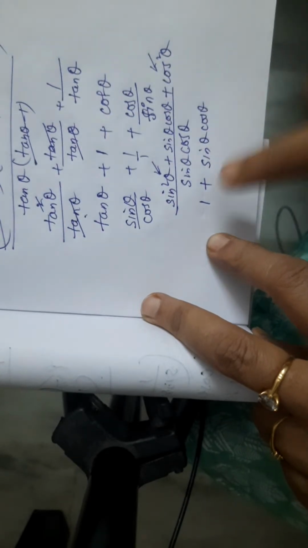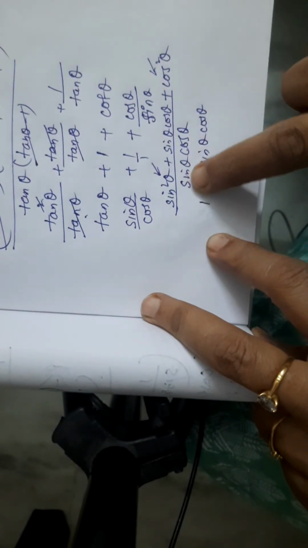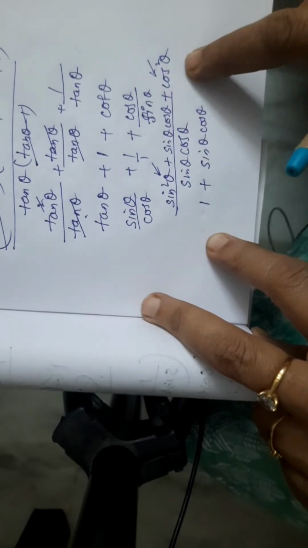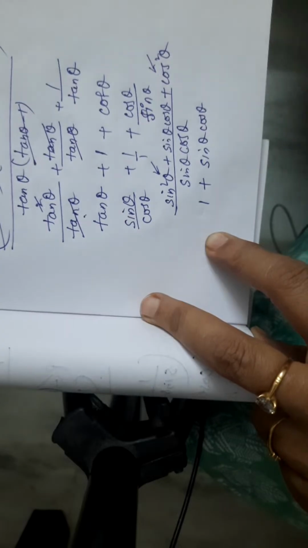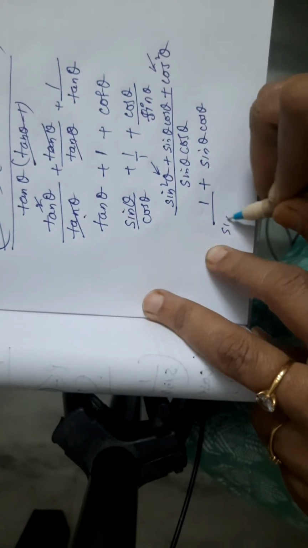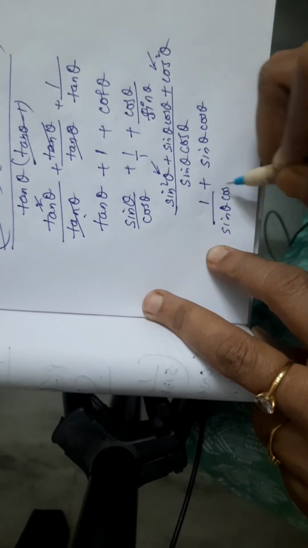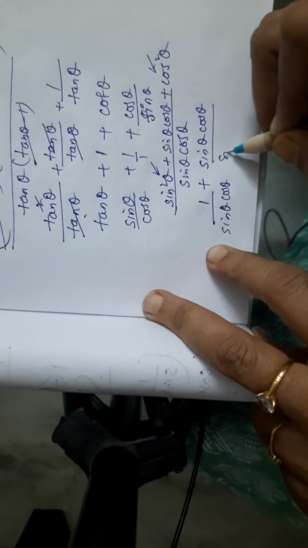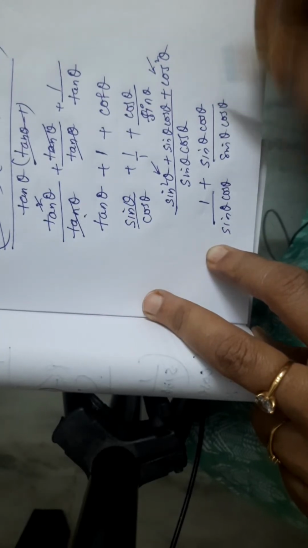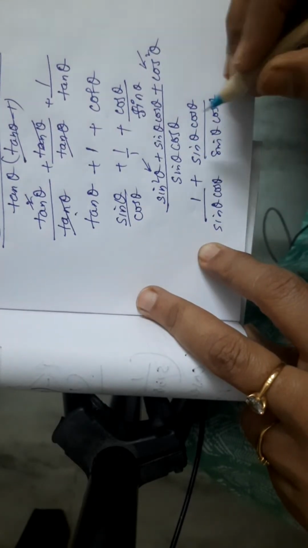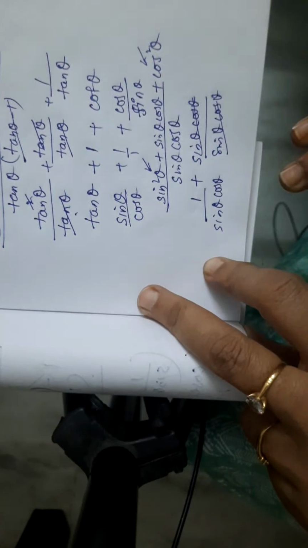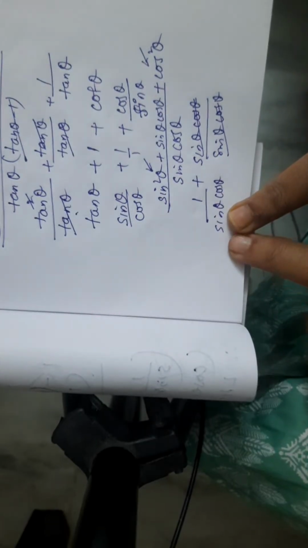Just now I told that whenever in the denominator a single term will be there without any signs, we need to go for separation, separate division. So we'll write them separately under both the parts. So this sine theta, cos theta, both the terms are like terms, they will get cancelled completely. 1 upon sine is cosec.